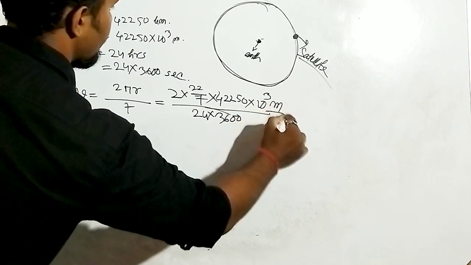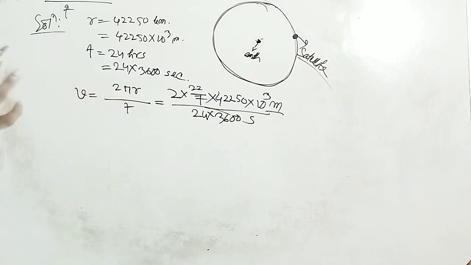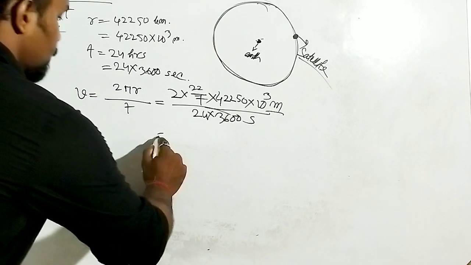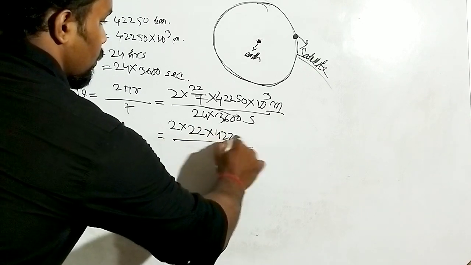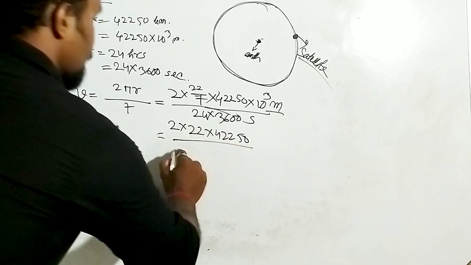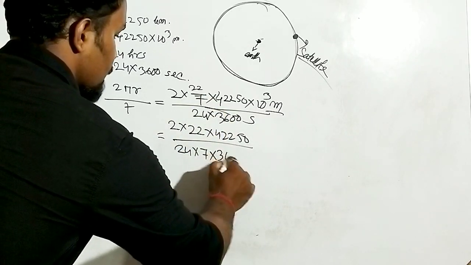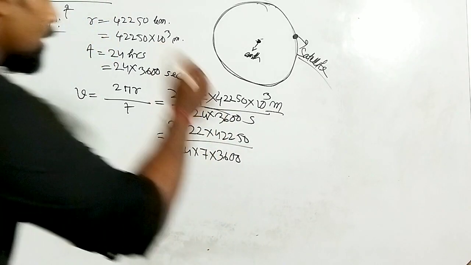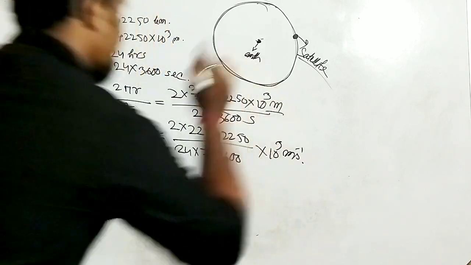This is meter, this is second, right? So we will arrange this. It will look like 2 into 22 into 42250, and since the 7 will come down, 24 into 7 into 3600, and we will write the 10 to the power 3 here, and the unit will be meter per second.